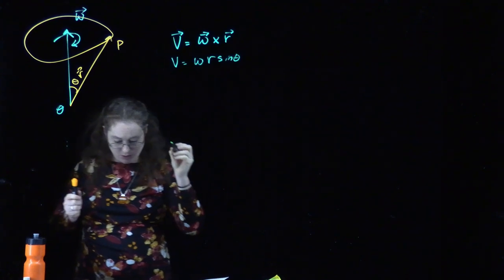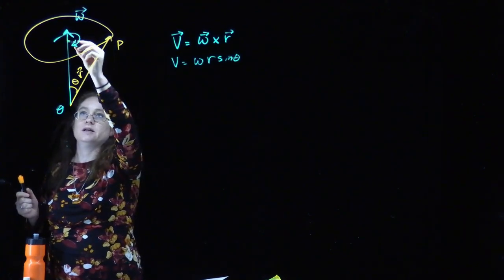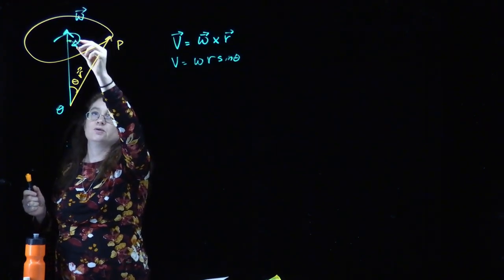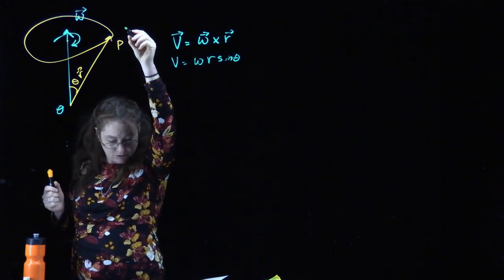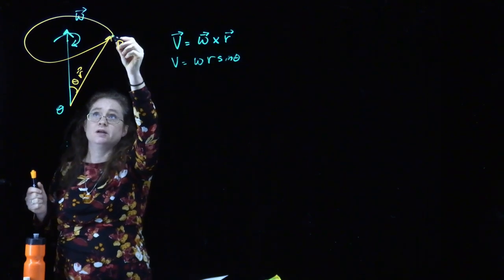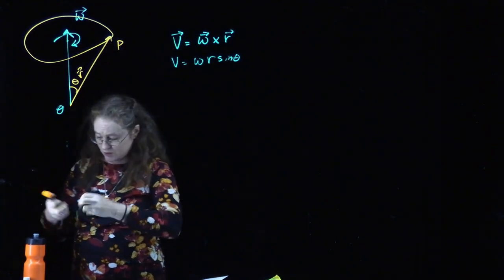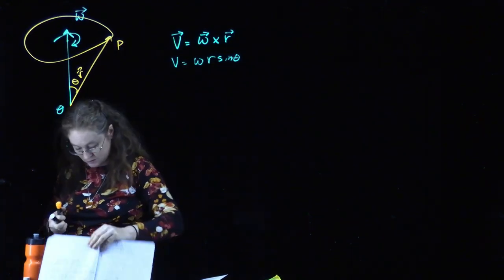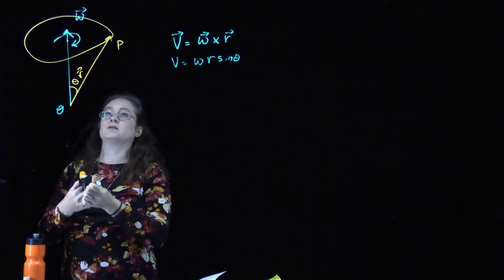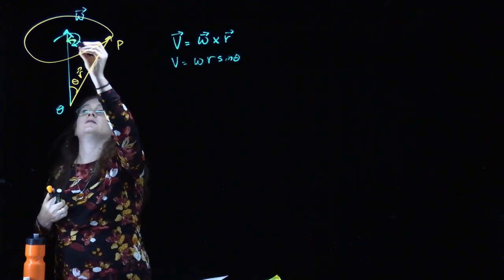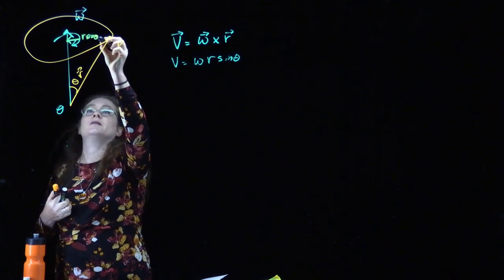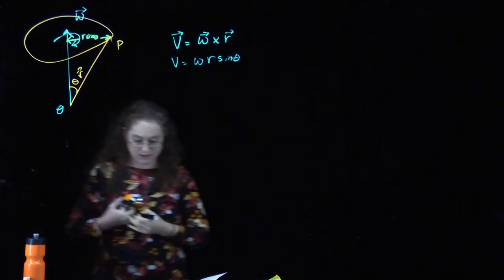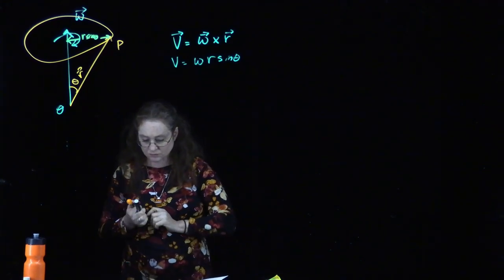So if we look at the distance between the axis of rotation and point P, let me switch colors so that we can see that. This is r sine theta. So that's that distance there.